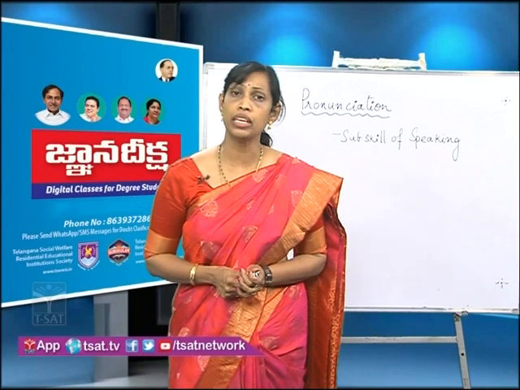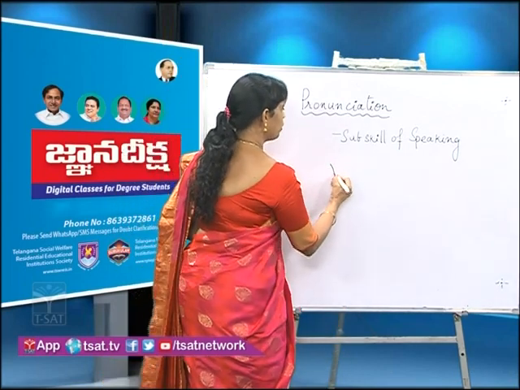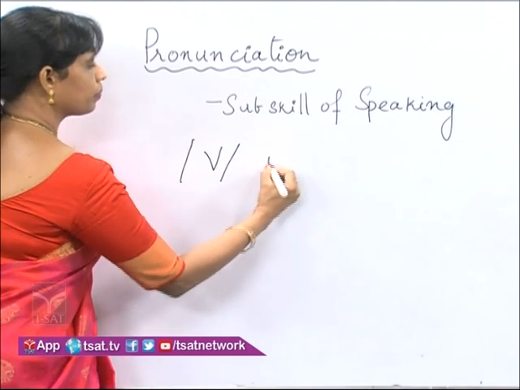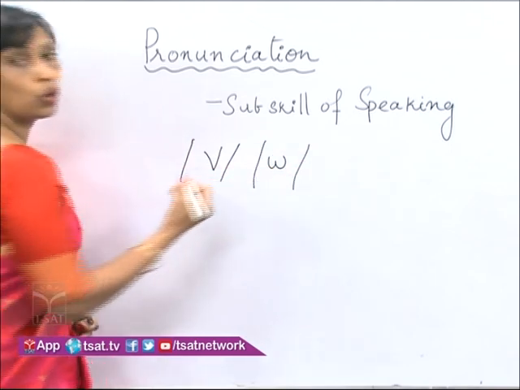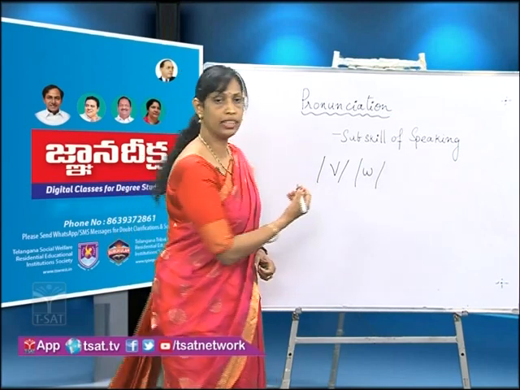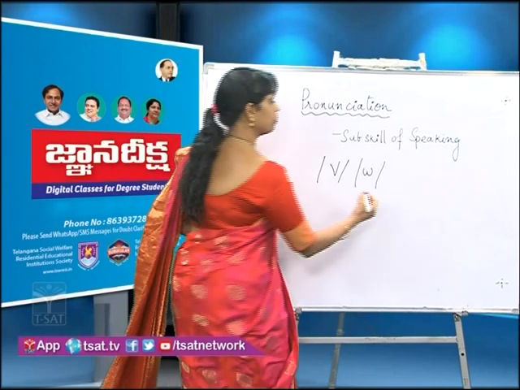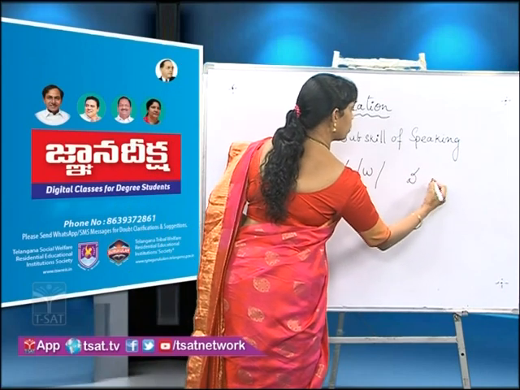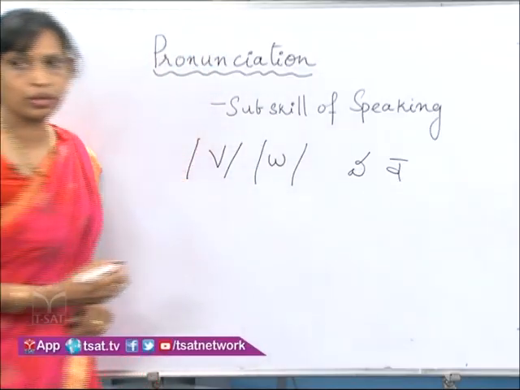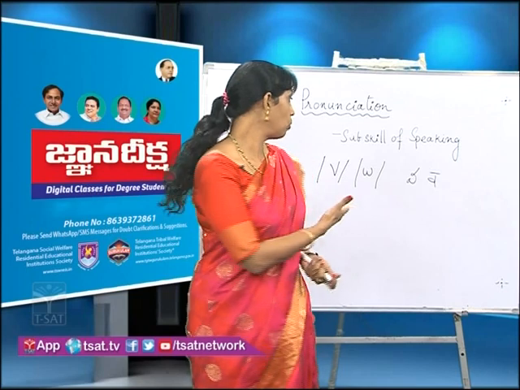And now students, you have to be very careful when you articulate the sound v and w, because you know in Telugu or Indian languages we have only one v. We don't differentiate between this v and w.